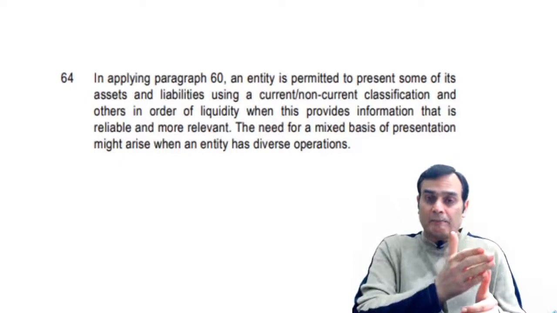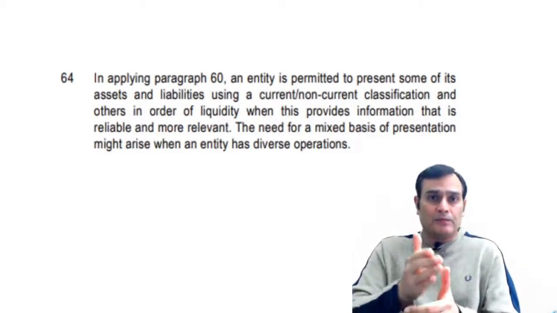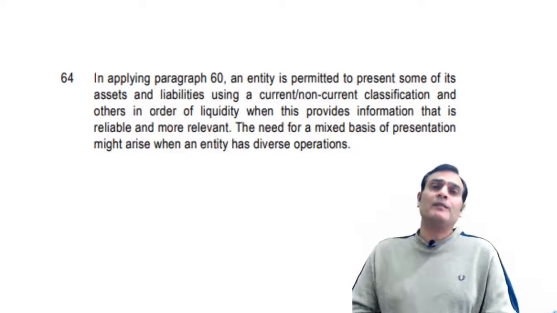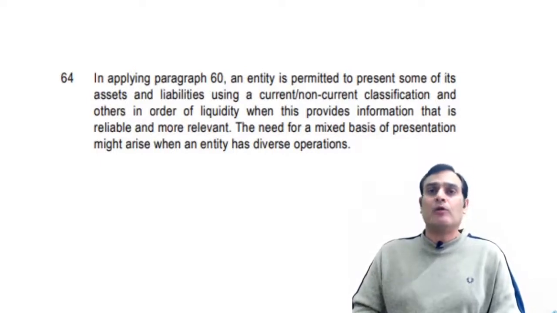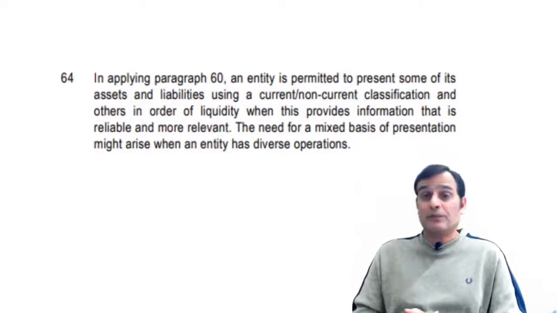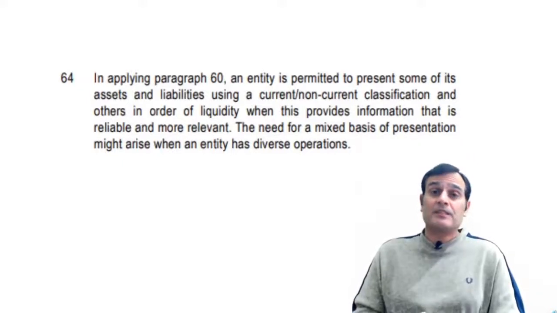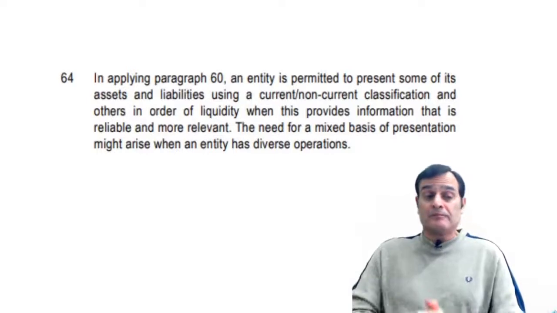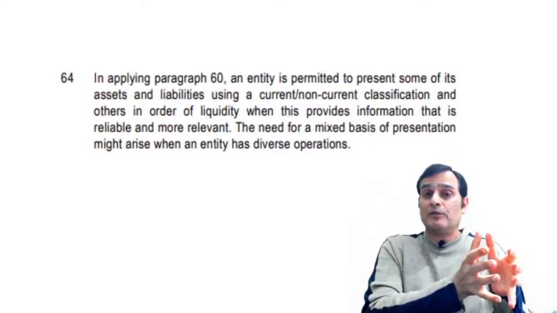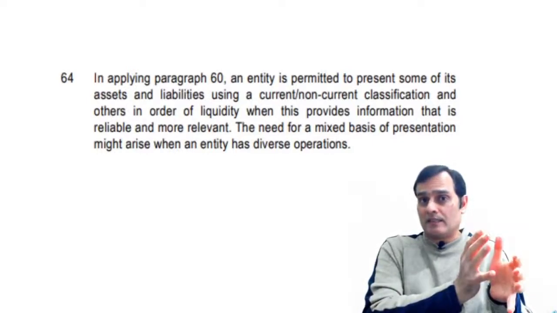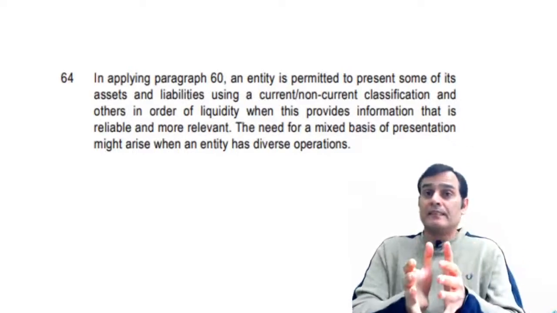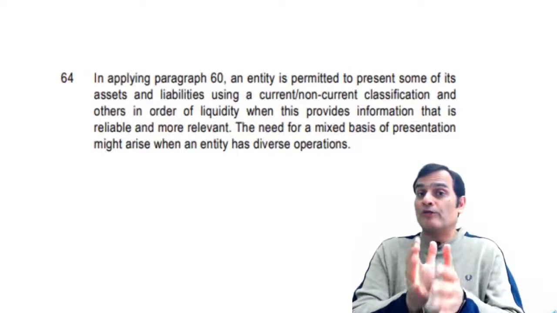If you read para number 60 along with para number 63 and 64, we can see that there are three alternative ways of presentation. Though it's not a matter of choice, it's a matter of a very conscious decision to be taken by the company. One is that you reflect a current and non-current classification. Second is you go in for the order of liquidity.